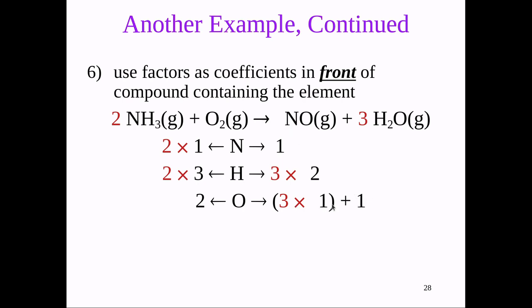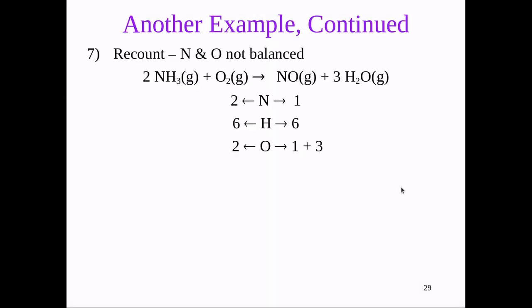This is why sometimes I like to write these as like 1 plus 1 over here, so that I can change just the 1 when I'm doing out my little math. If we go ahead and do that math out, we get our new count.